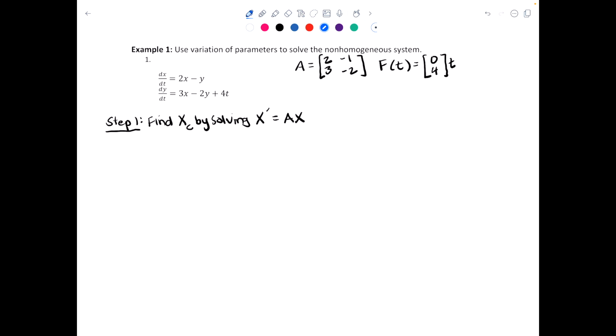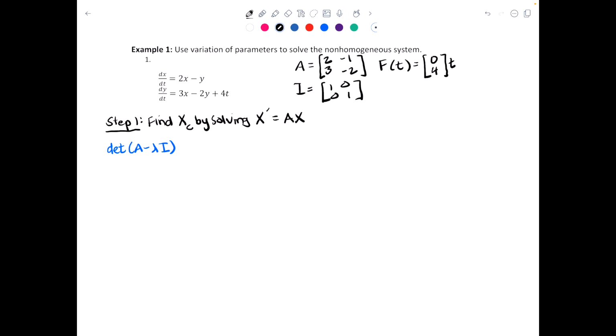How do we do that? Well, we do the whole bit with the eigenvalues. So we want to find the determinant of A minus lambda I. Remember, I in this case will be the identity matrix for a 2 by 2, which is 1, 0, 0, 1.